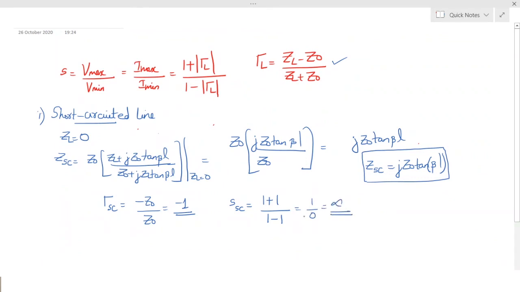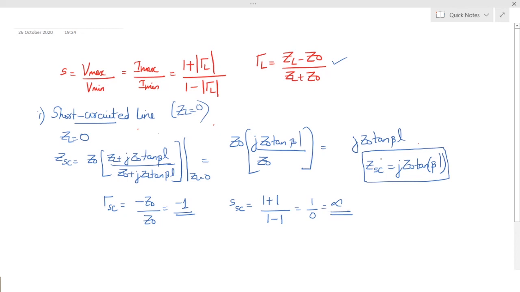So these are the three values you should remember for a short circuited line. When ZL is equal to 0, the impedance will be j Z0 tan beta L, reflection coefficient will be minus 1, and standing wave ratio will be infinity.